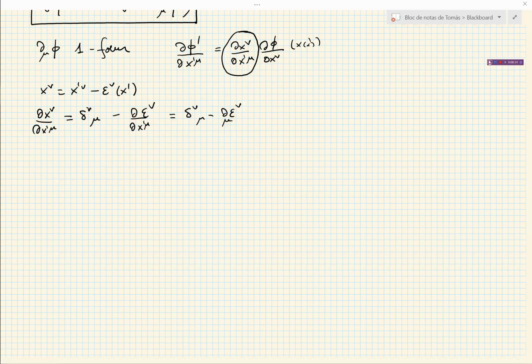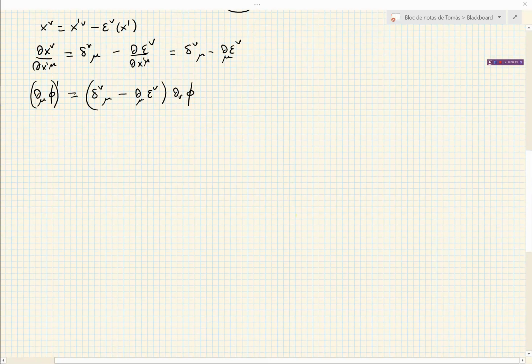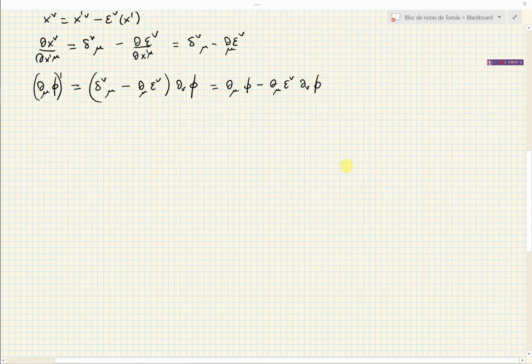Okay, so we find that partial mu prime of phi prime is equal to partial nu, so this delta mu nu minus partial mu epsilon nu, and then partial nu of phi, which is partial mu of phi minus partial mu epsilon nu partial nu of phi.